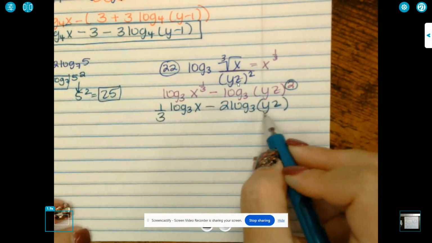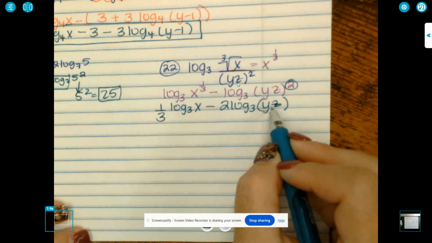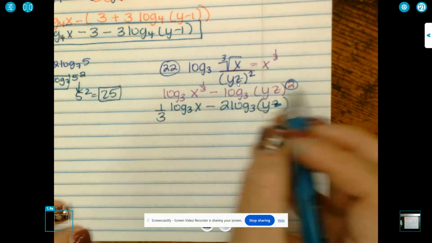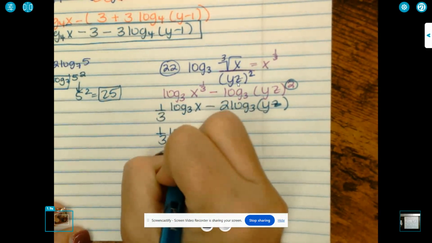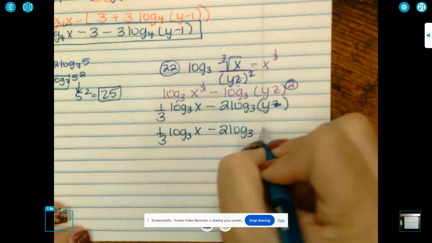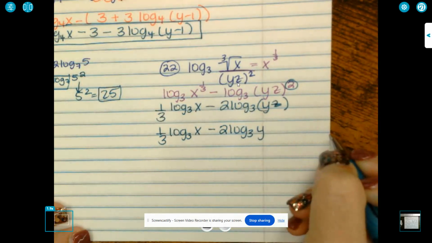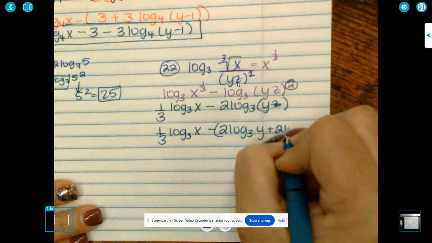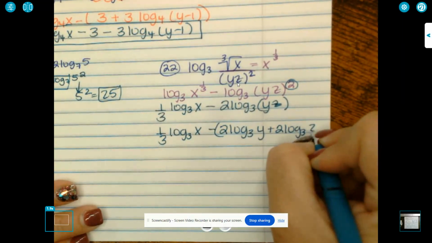Okay, but I'm not quite done because I still have multiplication right here. So I need to split those apart. However, don't forget they're both going to have this 2. So it's going to be 1/3 log base 3 x minus 2 log base 3 y plus 2 log base 3 z.